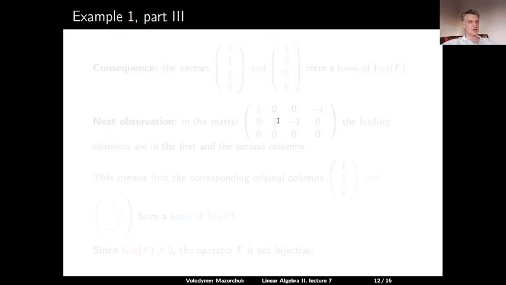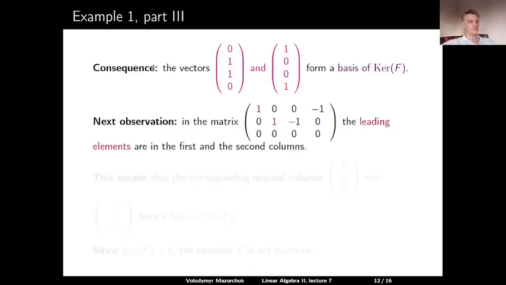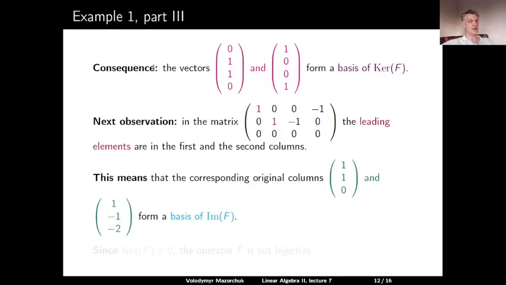This means that in the original matrix, columns 1 and 2 generate the column space of this matrix, and the column space is exactly the image of F, because it consists of the images of the standard basis elements under F. Consequently, the original columns 1, 1, 0 and 1, minus 1, minus 2 in the matrix of F form a basis in the image of F.